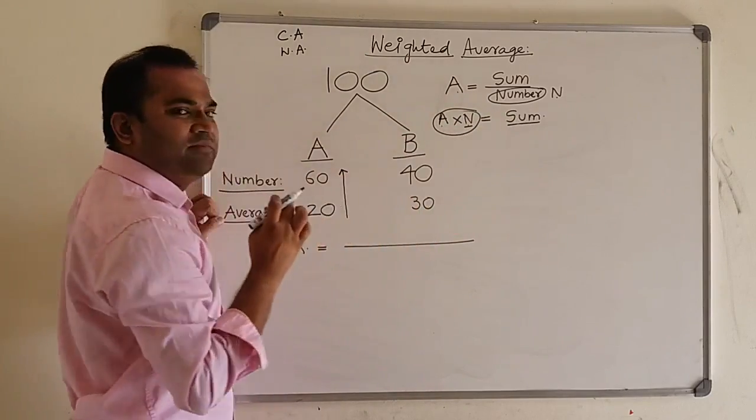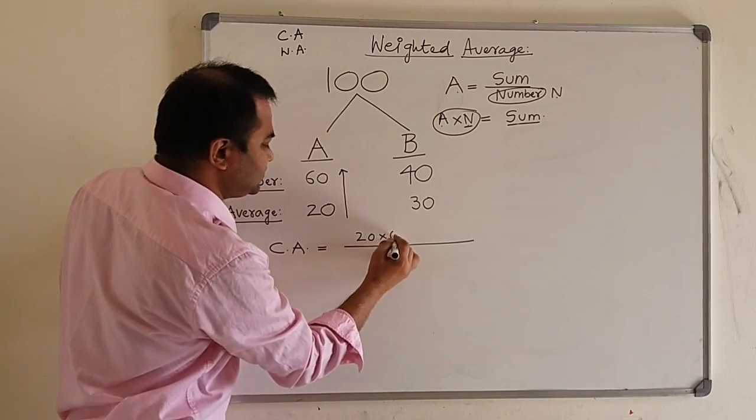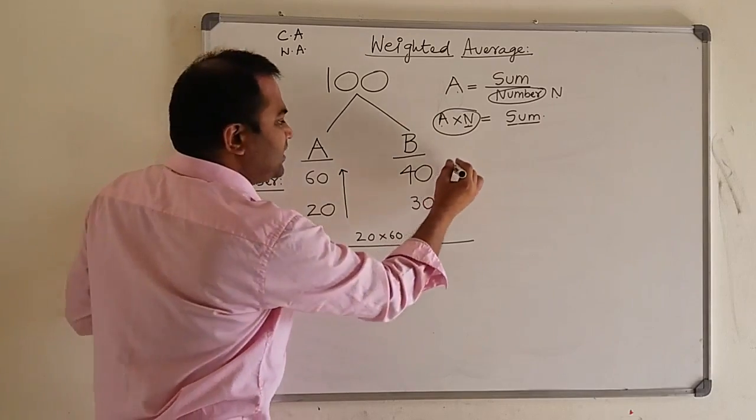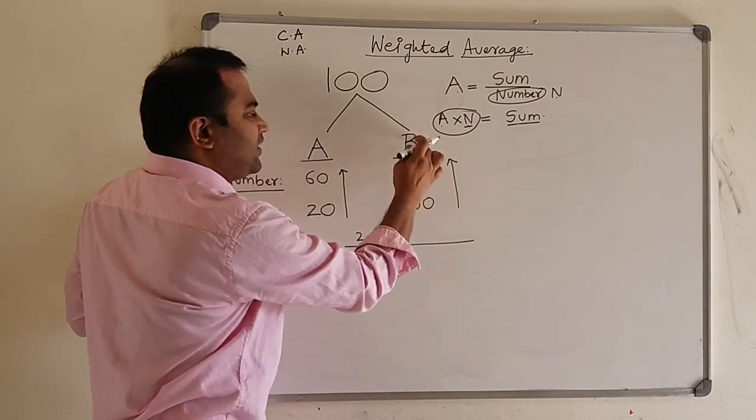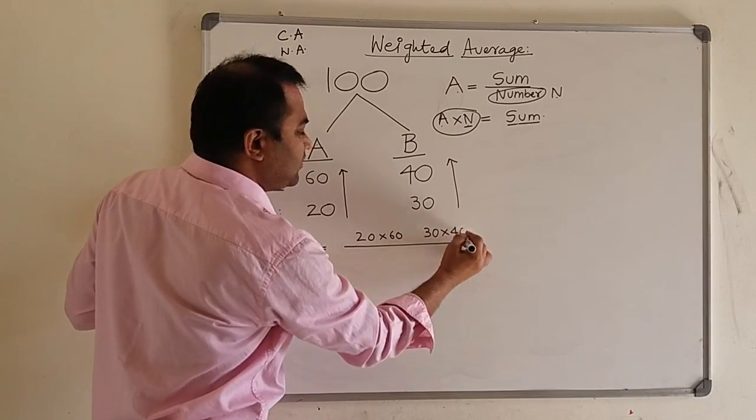So sum of the marks of the students in group A is 20 into 60, and similarly sum of the marks of the 40 students in group B is 30 into 40.